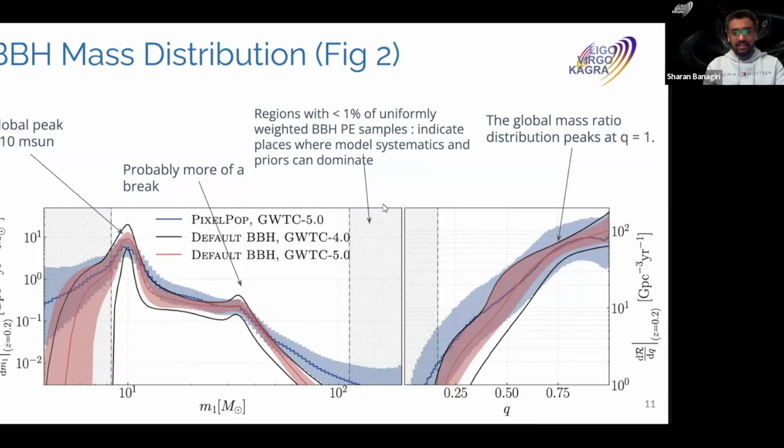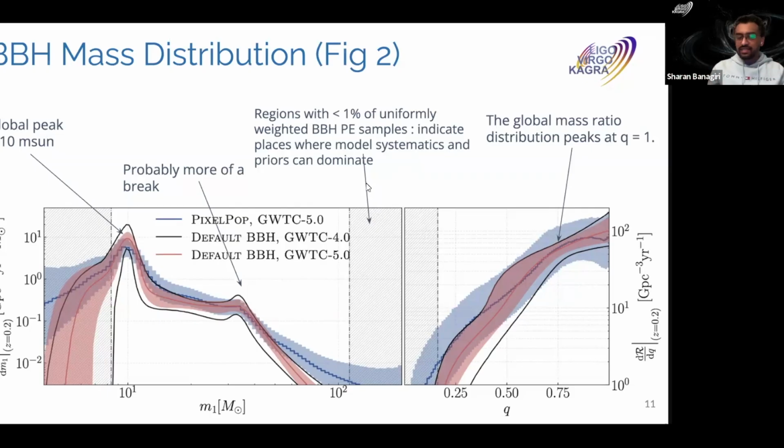We also have these hatches here on these plots. If you've looked at our population analyses before, you will see that this is the first time that we have hatches like this, and these indicate regions where we have less than 1% of binary black hole PE samples.